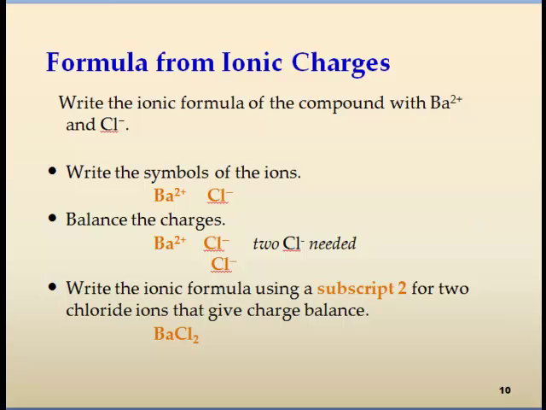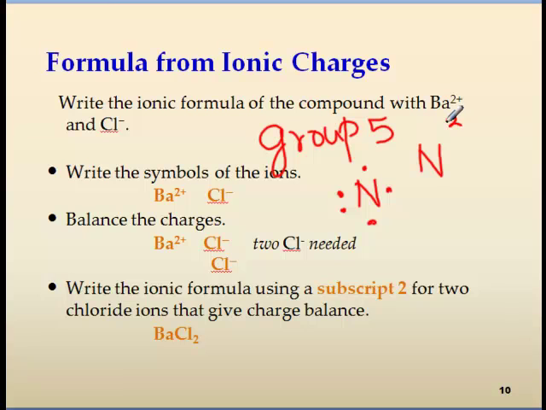Elements that are present in group 6 will have 6 electrons, and they will need 2 more electrons, so their charge would be -2. Here I've drawn nitrogen, which is present in group 5, so it has 5 electrons and needs 3 more.